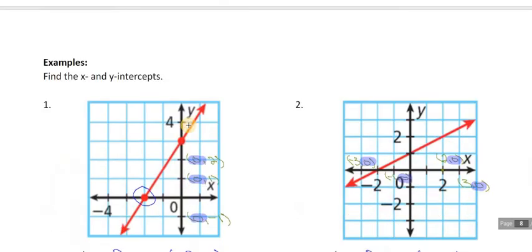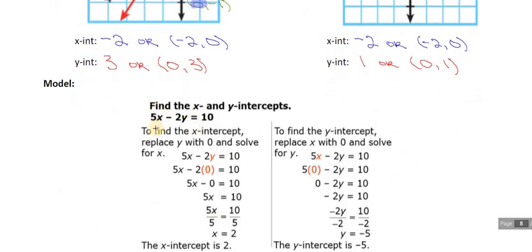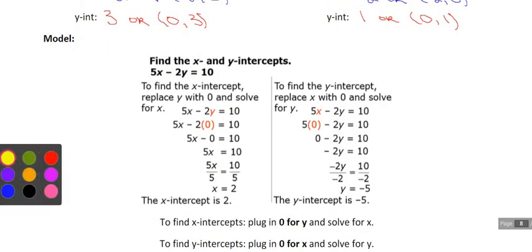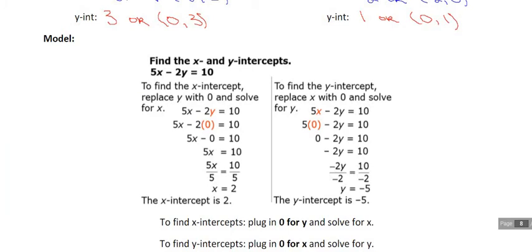So you'll see in the model that in order to find the x-intercept, we're going to replace y with 0 and solve for x. So in order to find the x-intercepts, we only want x's. So the y's, we say, see you later. When we plug 0 in for y, it just goes away. So we'll end up with 5x equals 10, and then we solve so x is 2, giving us an x-intercept of 2.